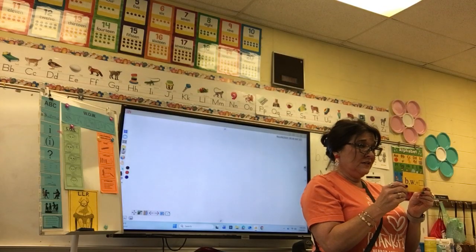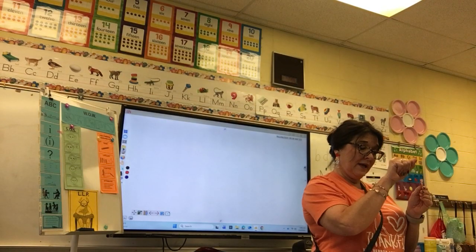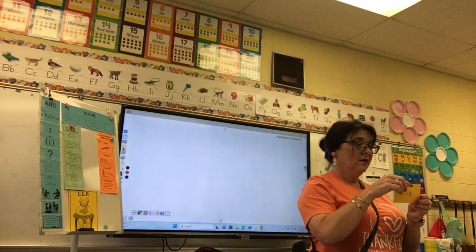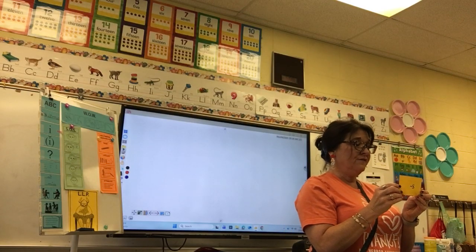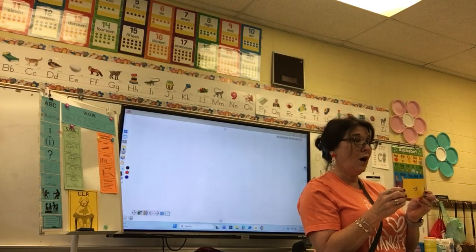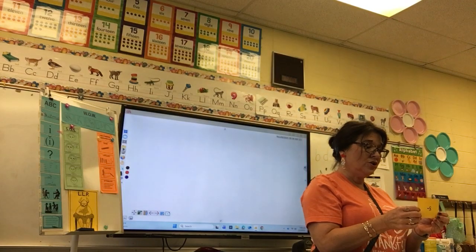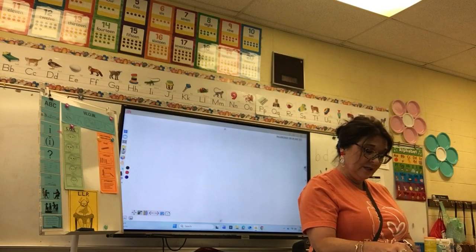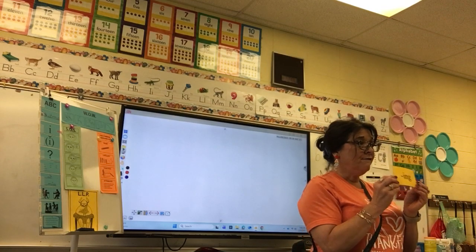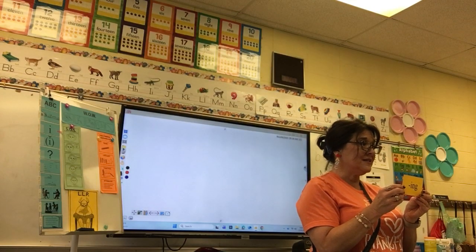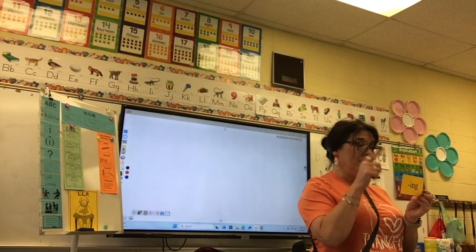A derivative is a base word plus a suffix. Consonant suffix s: tips, pins, more than one; jumps, runs, third person singular. Vowel suffix ing: singing, happening now.